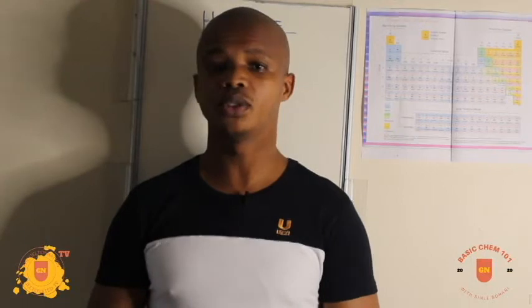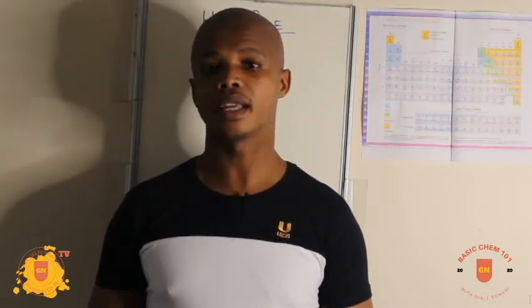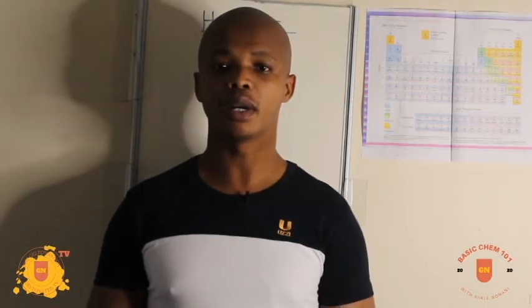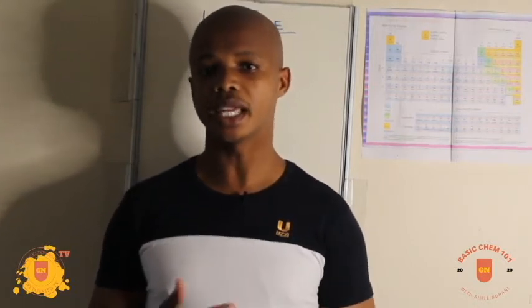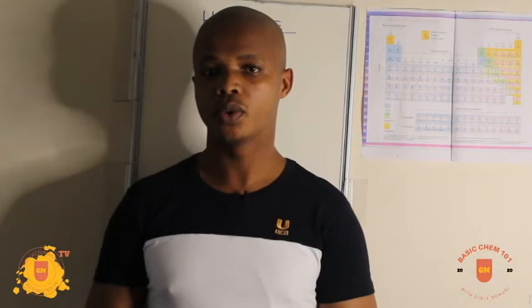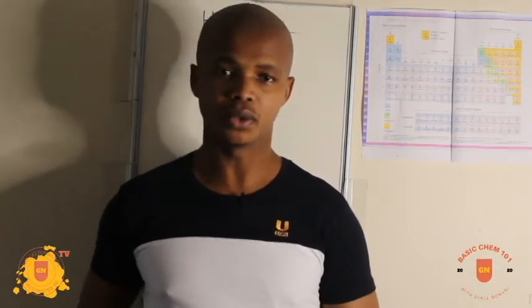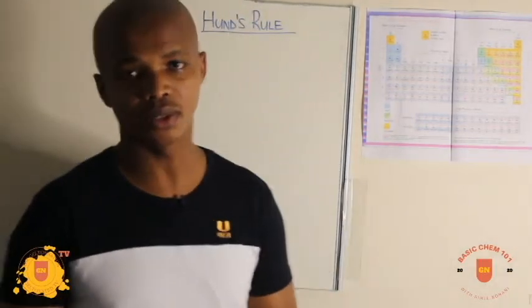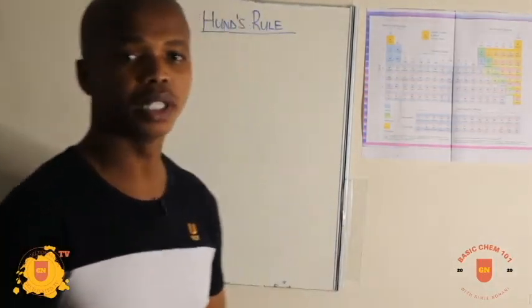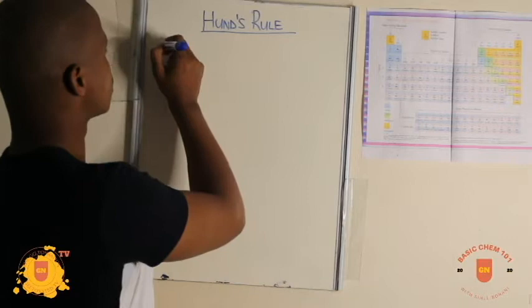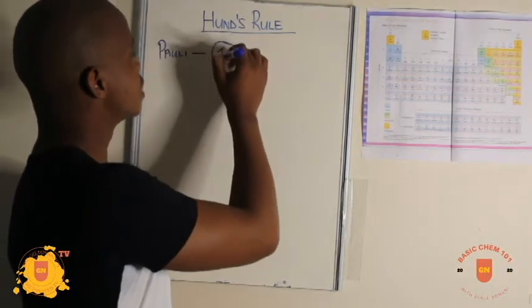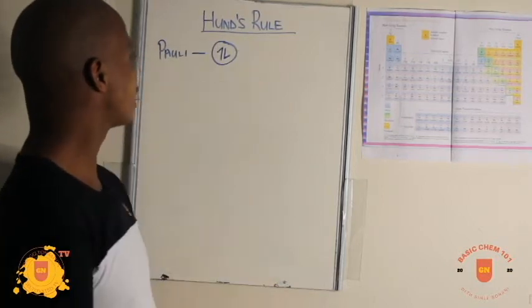So as we continue with discussing the ground states of atoms, we haven't spoken about the electrons within each subshell. So here is what we know so far. We know that according to Pauli's exclusion principle, if we are doing orbital diagrams, the spins will be different.